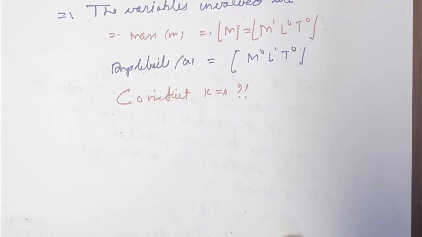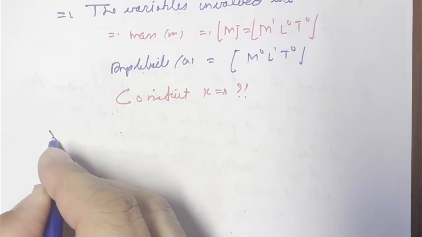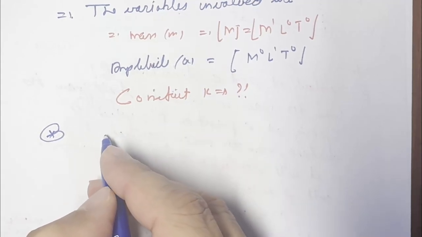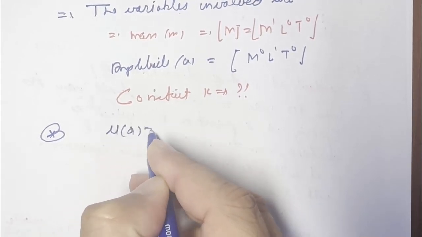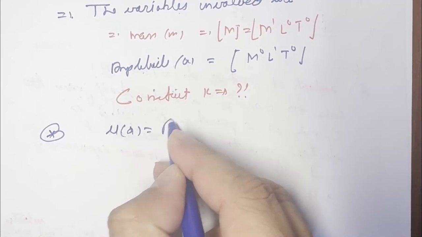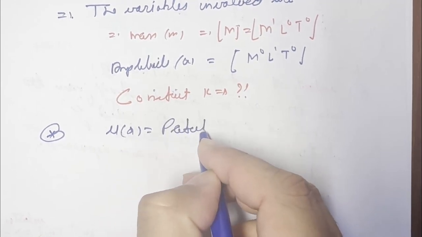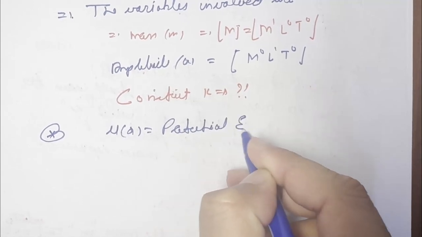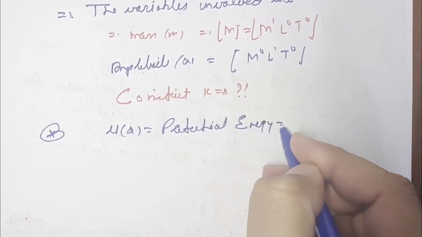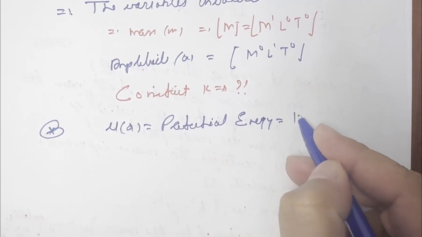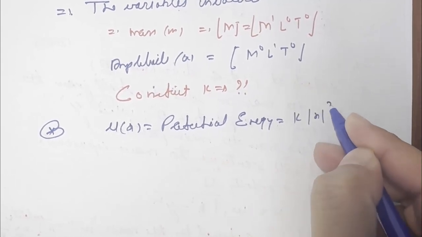We are given that U(x), which is our potential energy, is equal to k x cube.